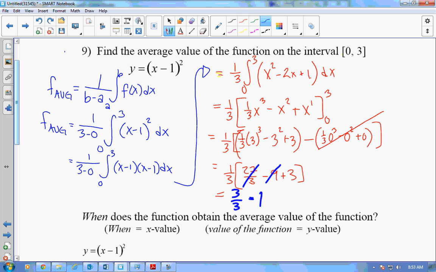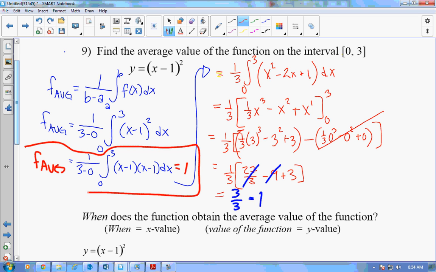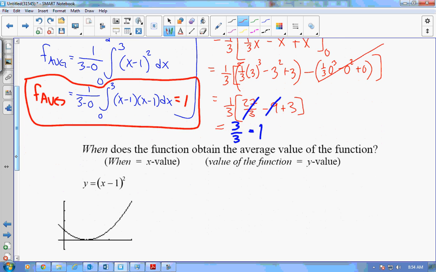So I would put, F average of all that good stuff equals 1. At the very bottom it says, when does the function obtain the average value? It obtains this average value of 1 when the function equals 1.